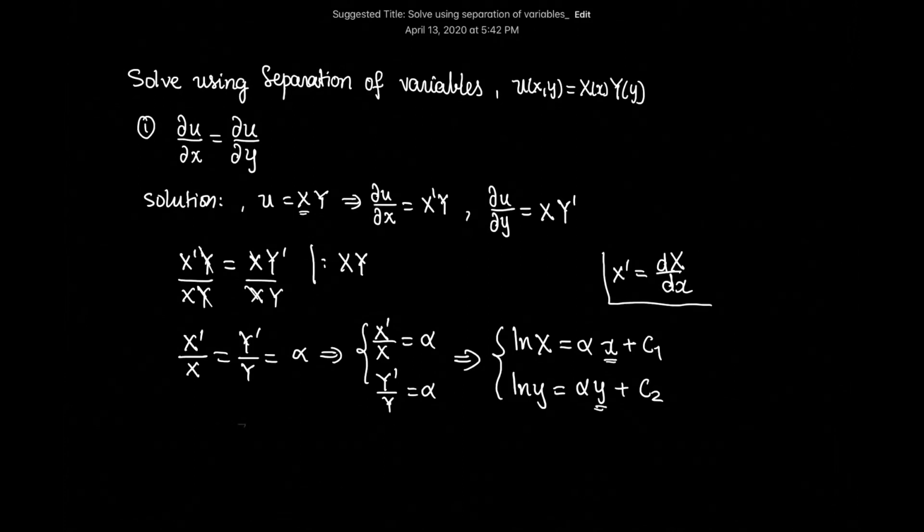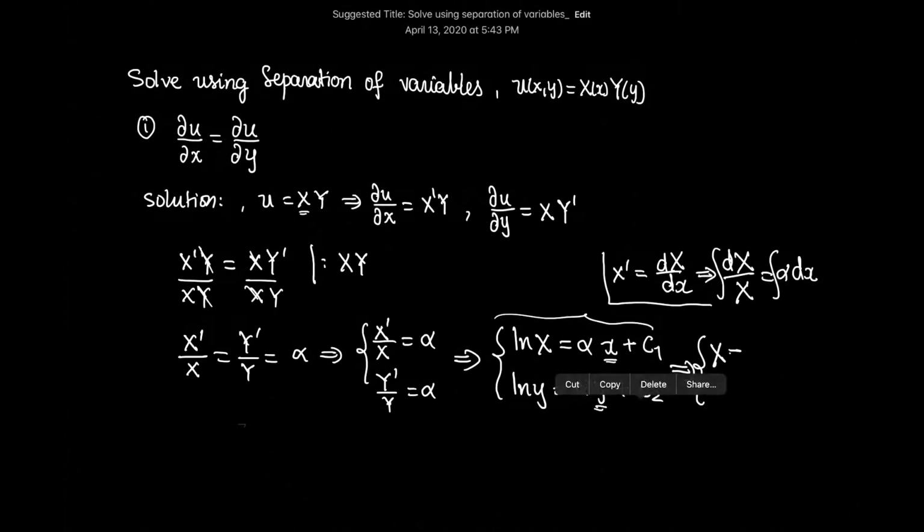That would imply dX over X equals alpha dx. Integrate, then I would end up here, so I just did a full step. Then from here, X equals e to the alpha x plus c1, and Y equals e to the alpha y plus c2.